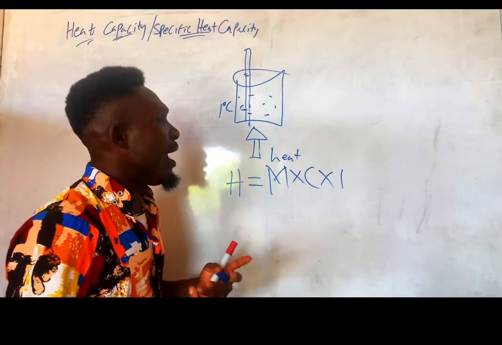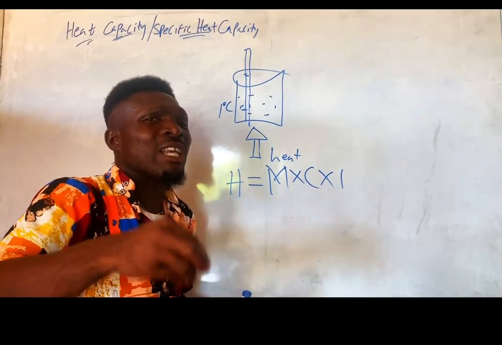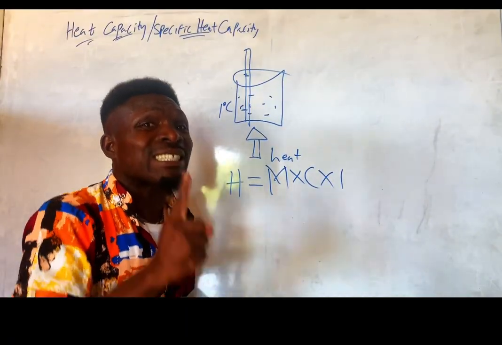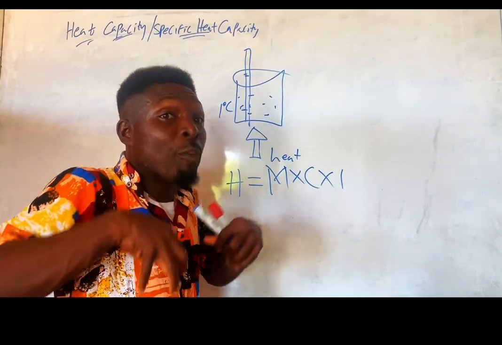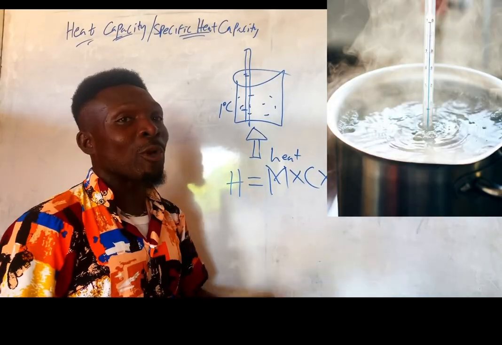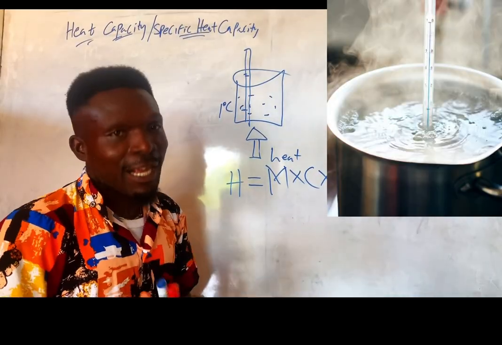Now, what we are doing here is that a certain amount of heat is supplied to a substance that will cause that substance to increase in its body temperature by 1 Kelvin. In that case, that heat supply is what we call heat capacity.